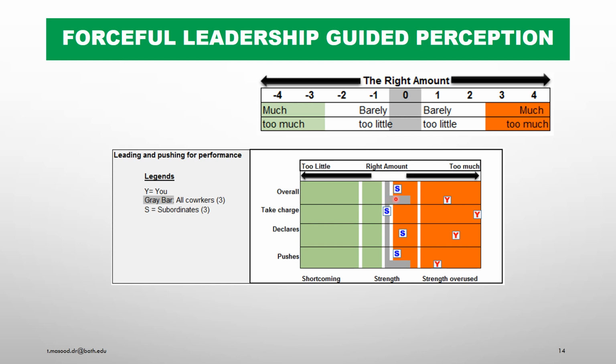My co-workers stay here and the subordinates in this area, and I stay here, overusing my strength all the time. That is my forceful leadership style concluded from the models, as I discussed in my earlier slide.